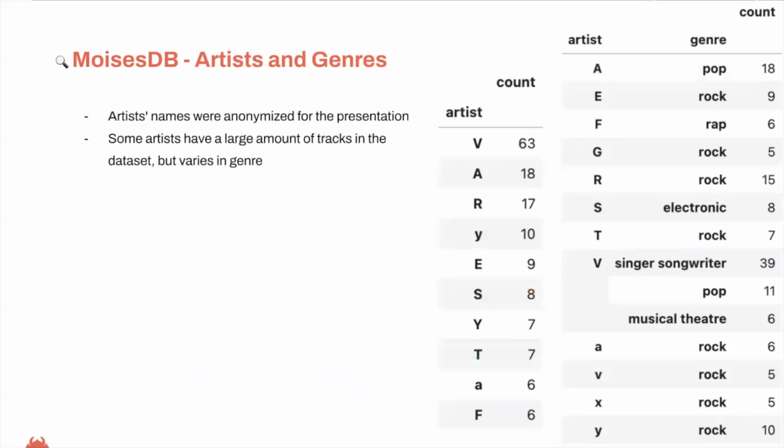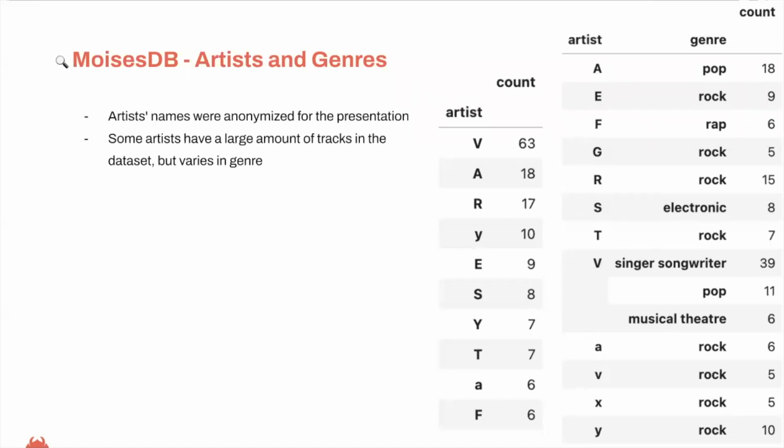Artists and genres. I've anonymized the artists for the presentation. The dataset will be released with all this information. But we noticed that some artists, like artist V, have a large amount of tracks in the dataset. So, well, at least they vary in genre.